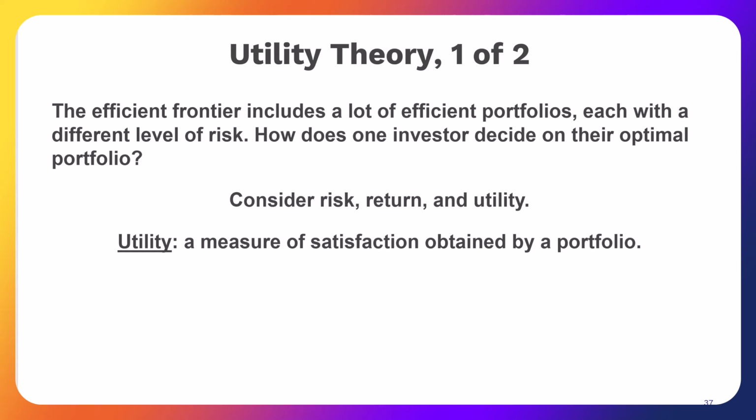So utility can be thought of as a benefit. You want to achieve the highest benefit possible given all the choices of things that you can buy. So on that efficient frontier that has all those things that we understand as being the highest returns, we want to find the one for you.